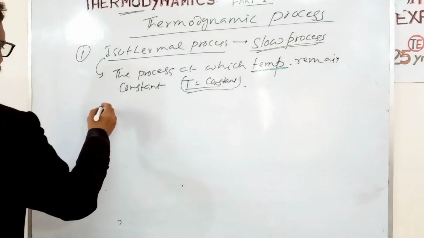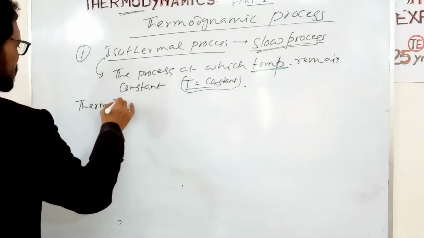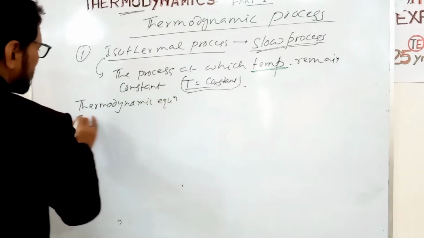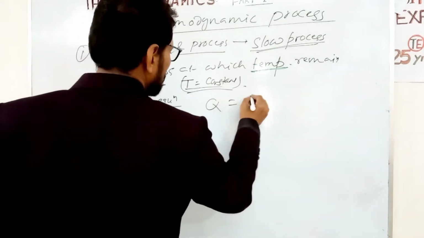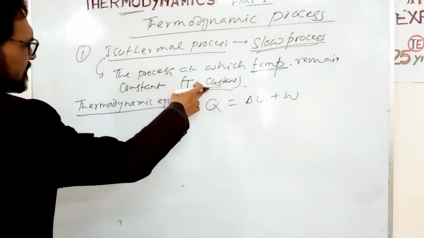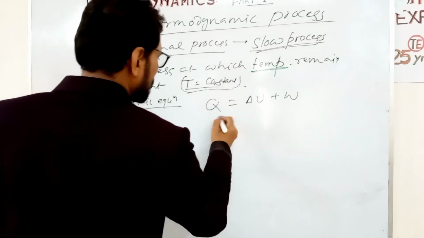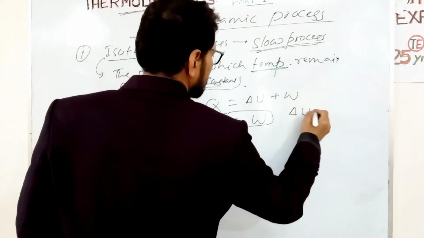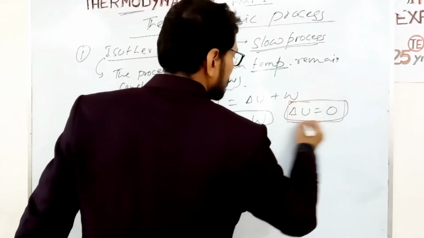Now what is the thermodynamic equation in the isothermal process? The first law: Q equal to del U plus W. As temperature is constant, internal energy is constant, so the change is 0. So we can write Q equal to W, because del U equal to 0 in the isothermal process.